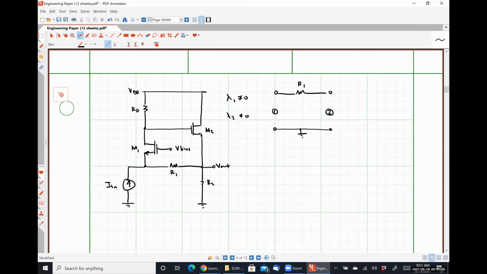And the alternative way to look at it is that our feedback network is R1 between port 1 and 2, and R2 across port 2. Now, the reason why I say we can look at this both ways is because we could be treating that resistor R2 as our load resistance, because our output voltage is, by definition, the voltage drop between this node and ground, which is the voltage drop over R2. So either way works. We're going to wind up with literally an identical open loop circuit regardless of which way we look at it. Okay, so it doesn't particularly matter.